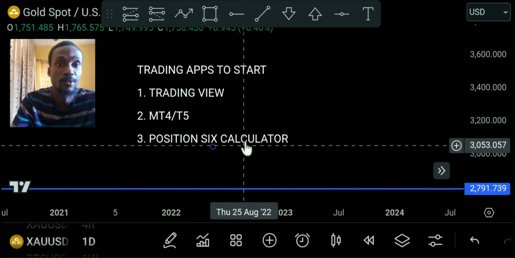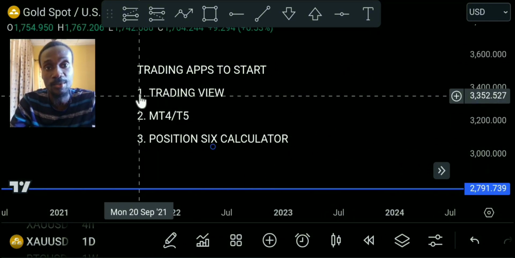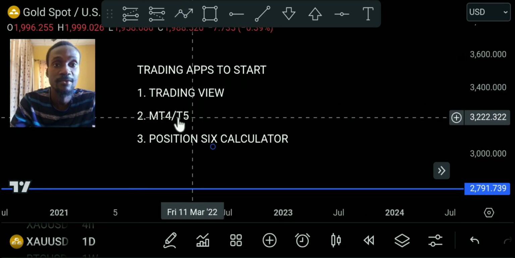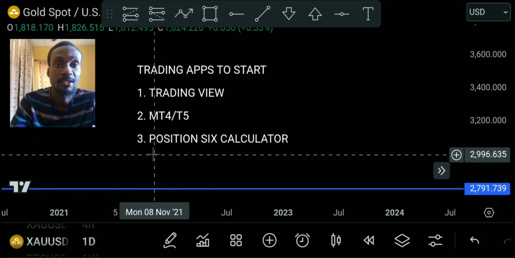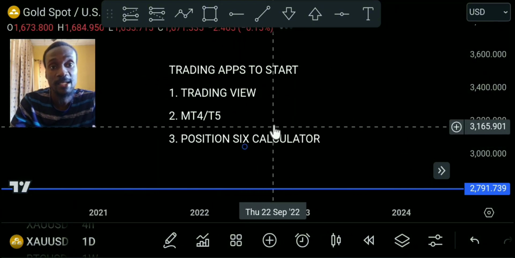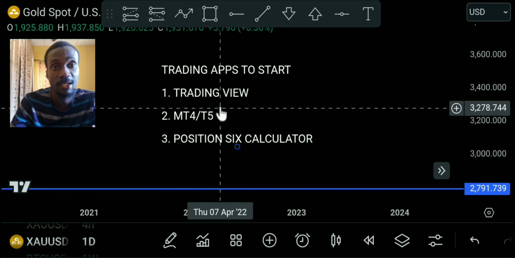This is the calculator that you will use to know the position or the lot size you will use to open a position. So guys, you need these three things: TradingView, MT4/MT5, and the position size calculator. These are the only things you need to start making money in the Forex market.